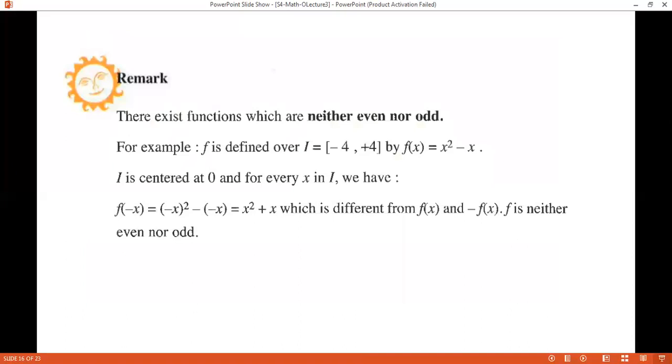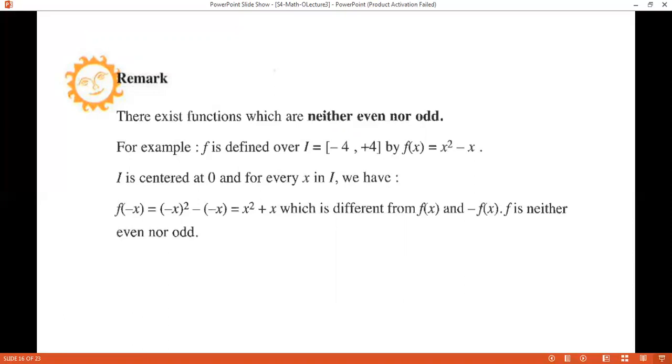Remark: there exist functions which are neither even nor odd. So a function could be even, odd, or neither. For example, f is defined over the interval from minus 4 to plus 4, for the function x squared minus x.